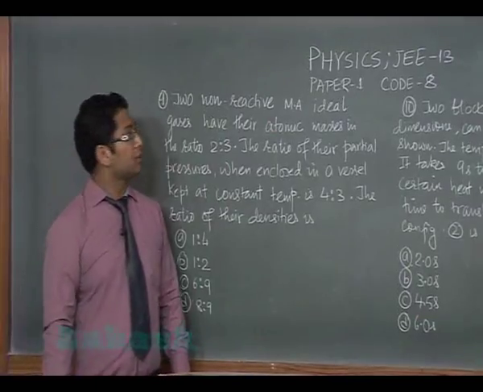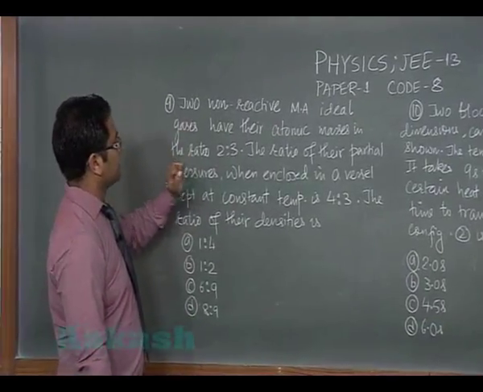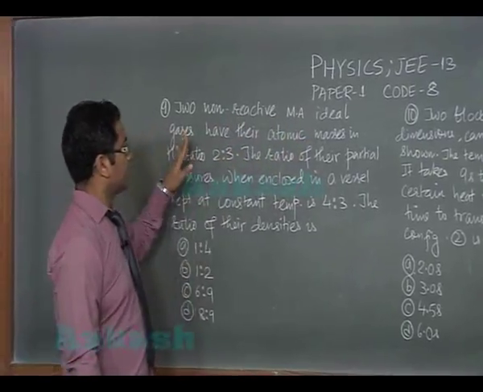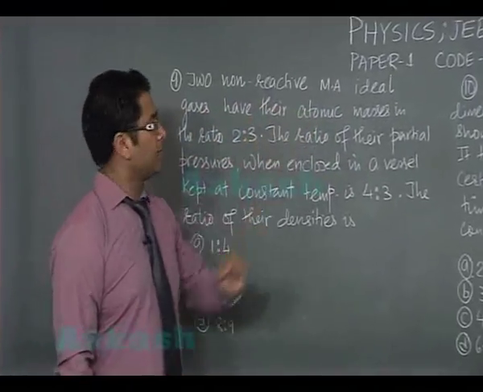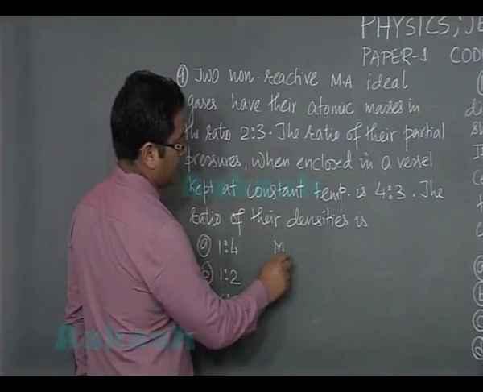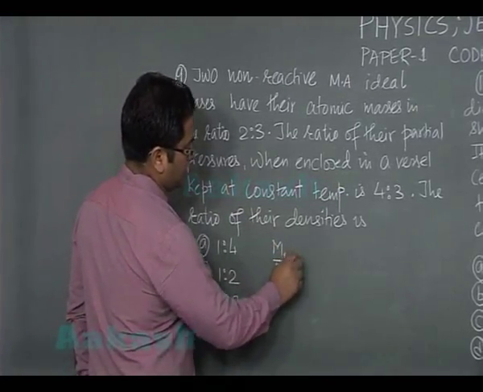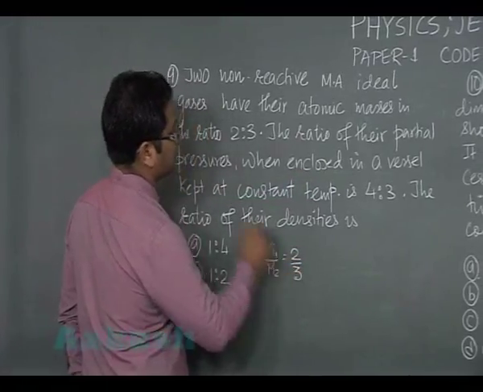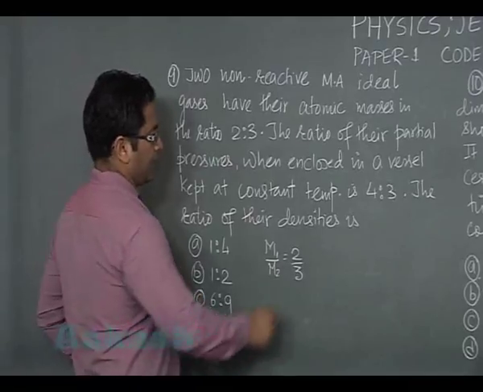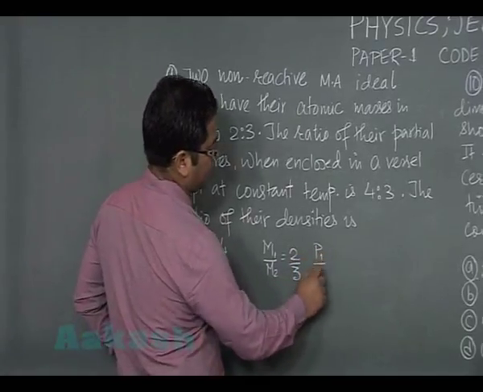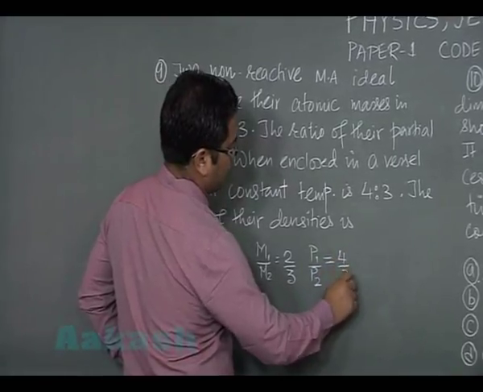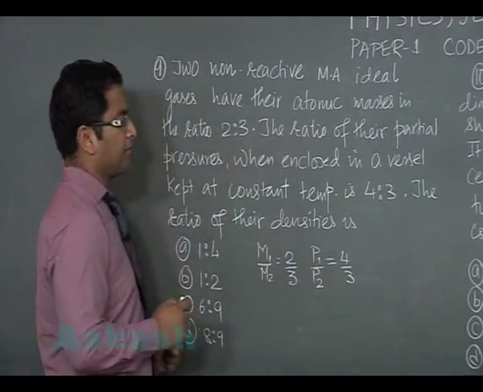Alright, now let's go to question number 9, where it says two non-reactive monoatomic ideal gases have their atomic masses in the ratio 2:3. That means M1 by M2 is 2/3. The ratio of their partial pressure, that means the partial pressure P1 by P2, that's equal to 4/3, and quite obviously the temperature is same.